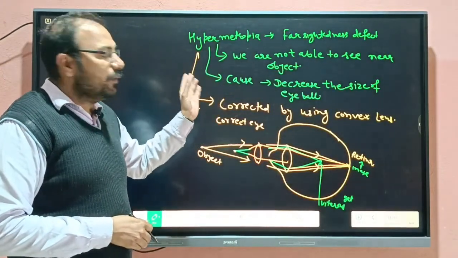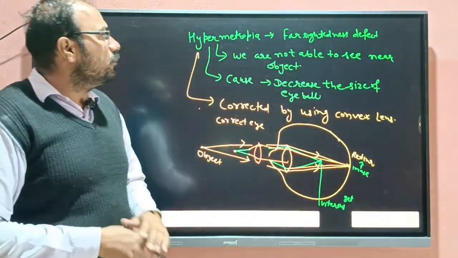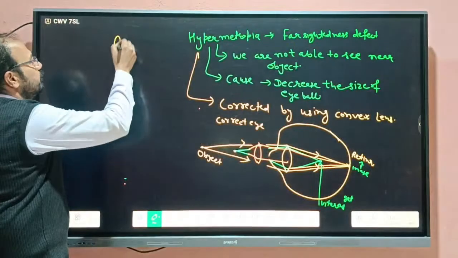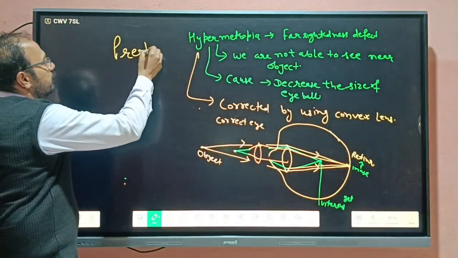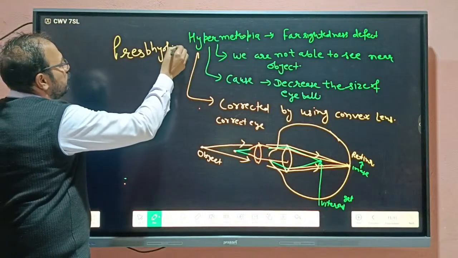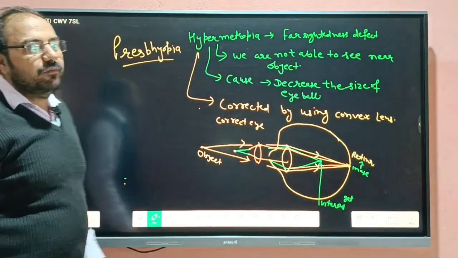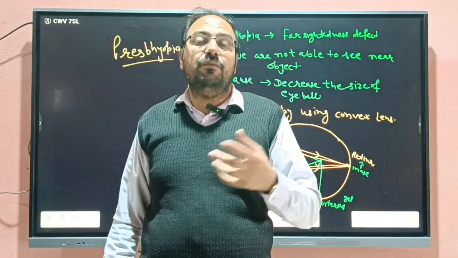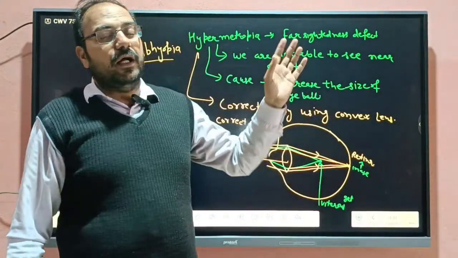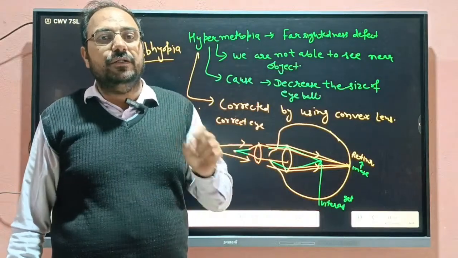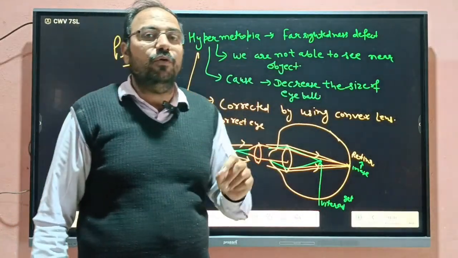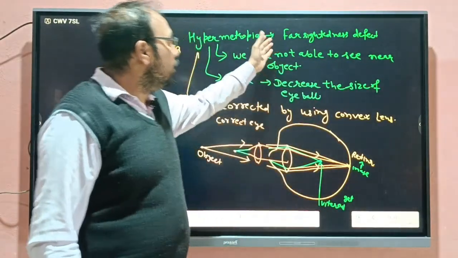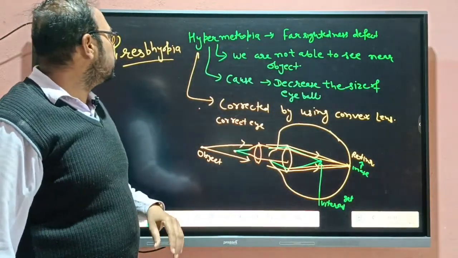Another than myopia and hypermetropia, the third defect is presbyopia. The presbyopia defect occurs in old people, above 40 or 50 years of age. Both myopia and hypermetropia defects appear in the eyes, so sometimes they are not able to see far objects and they are not able to see near objects. The combination of these two defects is known as presbyopia.